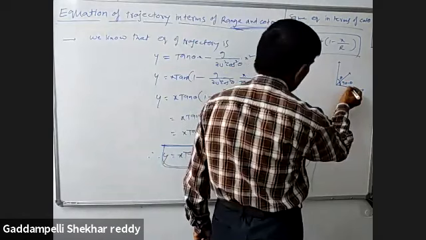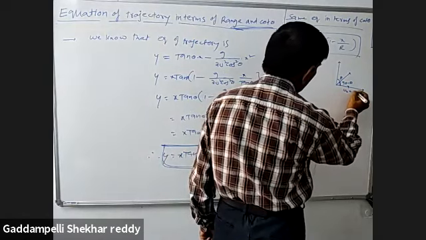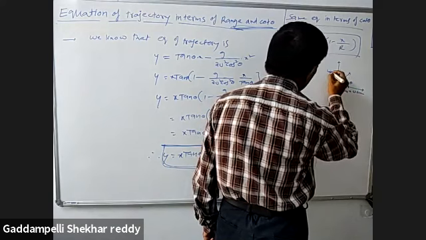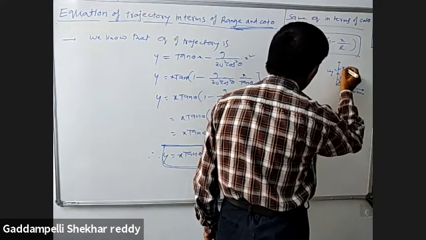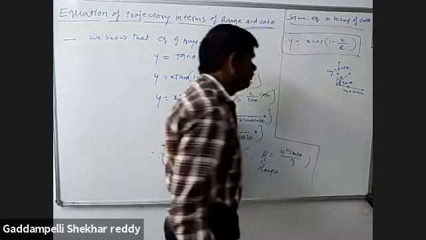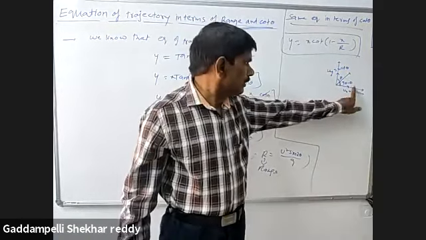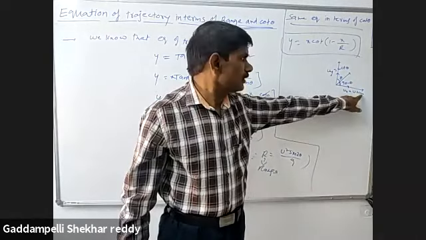In this direction, ux is equal to u sin theta, and in this direction, uy is equal to u cos theta, since u cos of 90 minus theta gives sin theta.